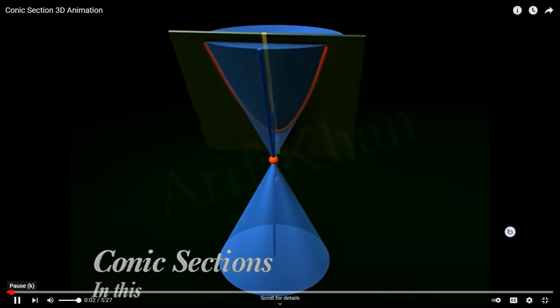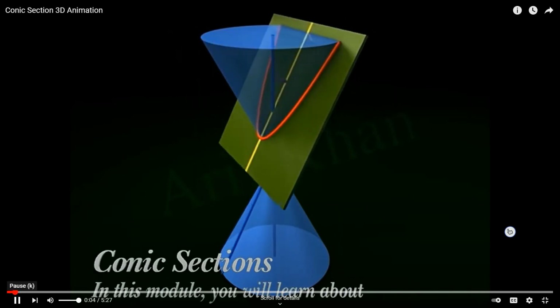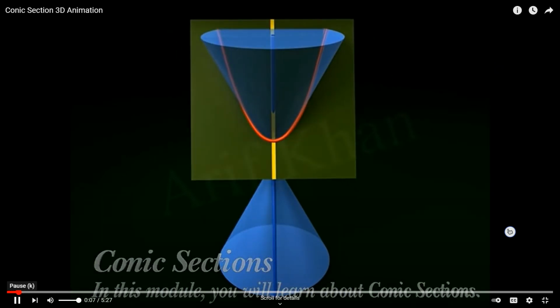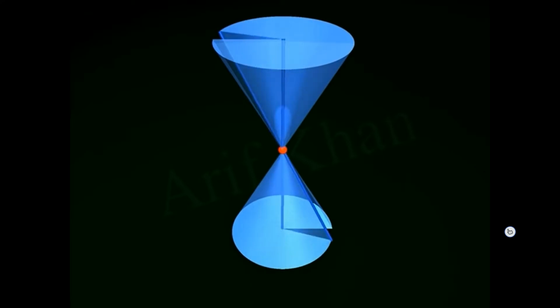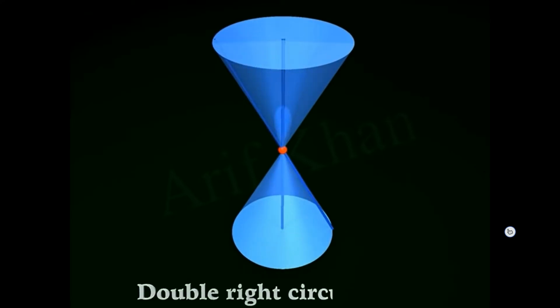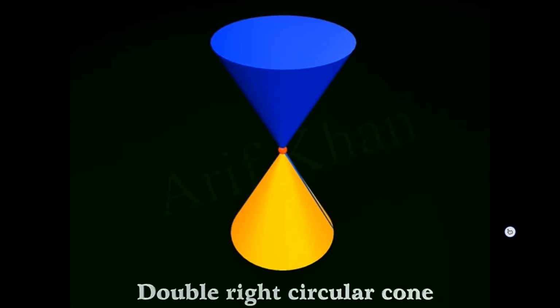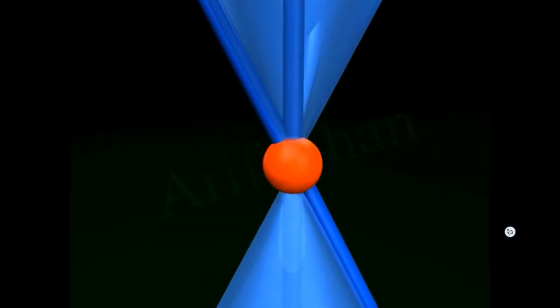Let me set the mood. I'll turn it up. Line intersects a vertical line at a fixed point and rotates about that fixed point. The surface obtained is called a double white circular cone. Here's your right circular cone. A double white circular cone consists of 2 cones joined at a fixed point called the vertex.